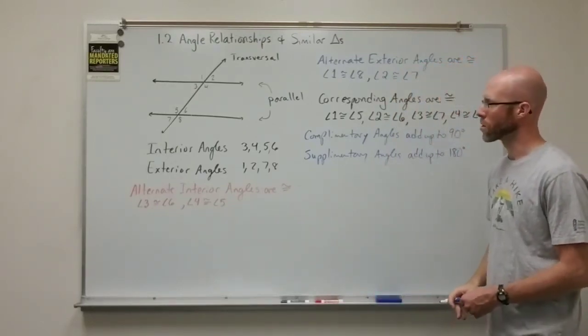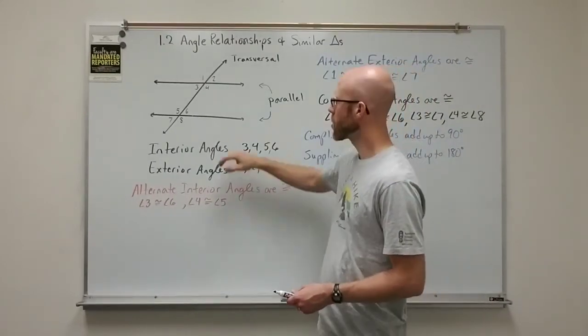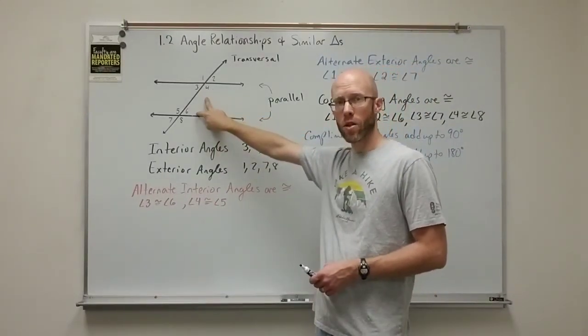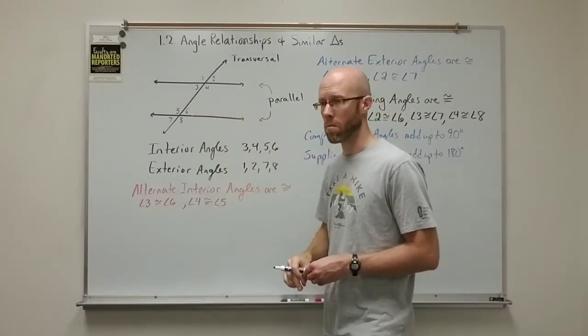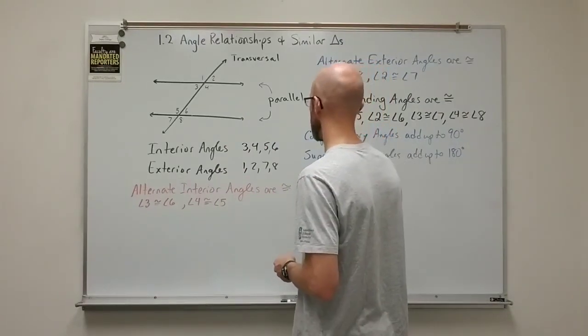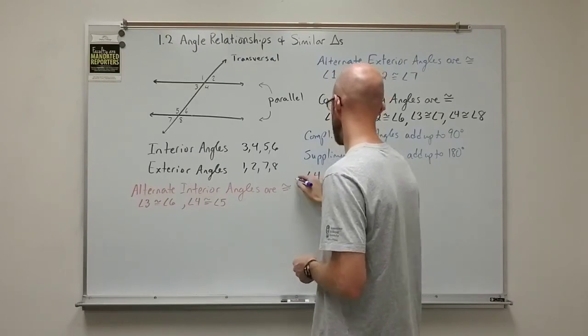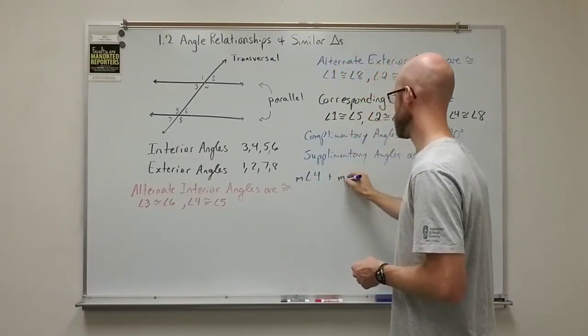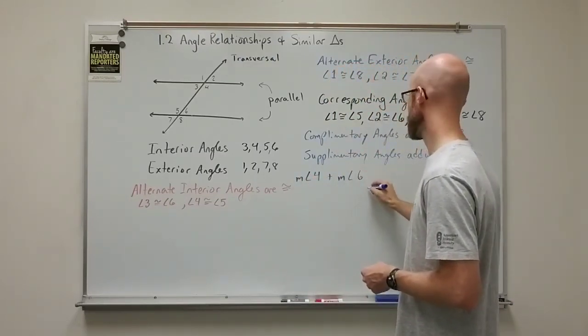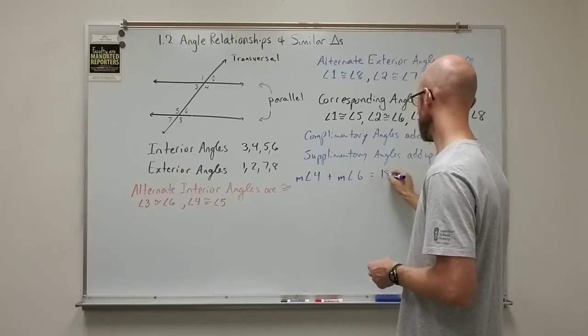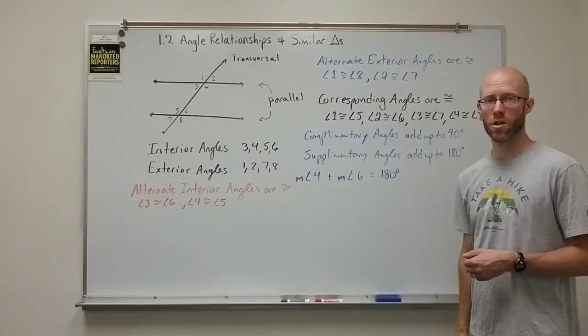And so when we look at the interior angles that are on the same side of the transversal, they're going to be supplementary. Okay, so angle 4, I'm sorry, the measure of angle 4 plus the measure of angle 6 will equal 180 because they are supplementary.